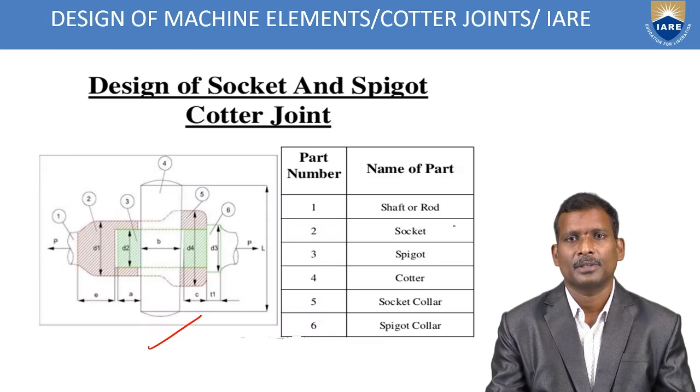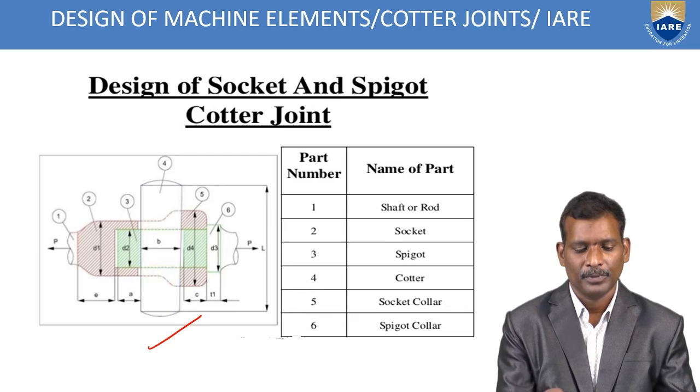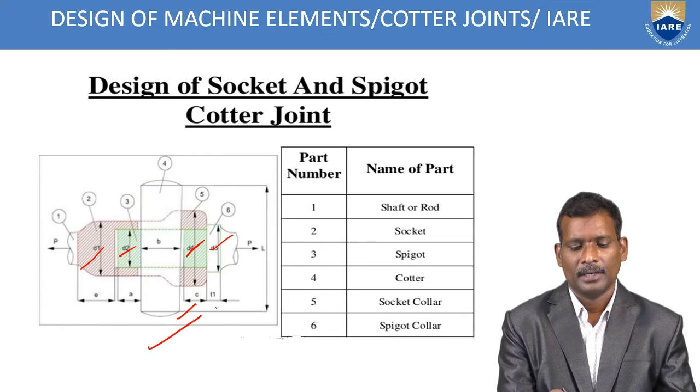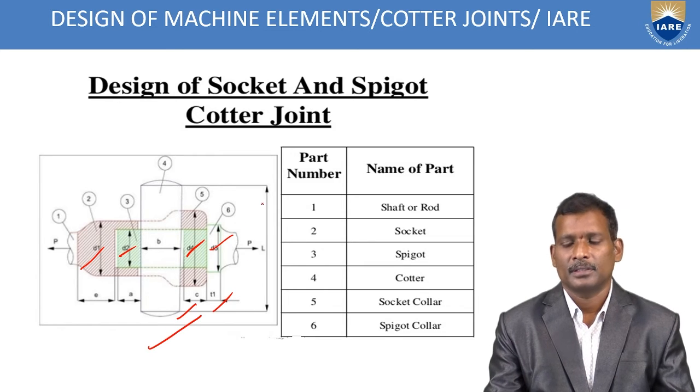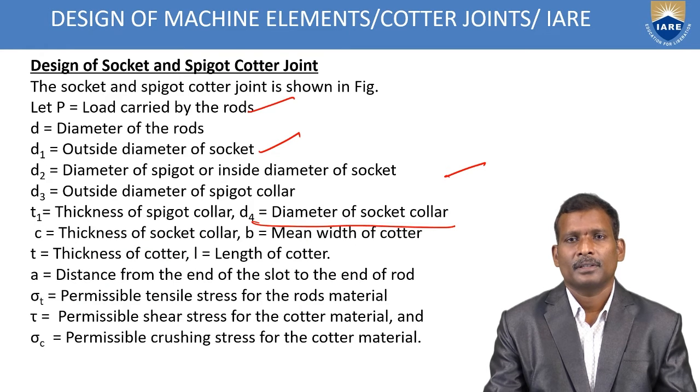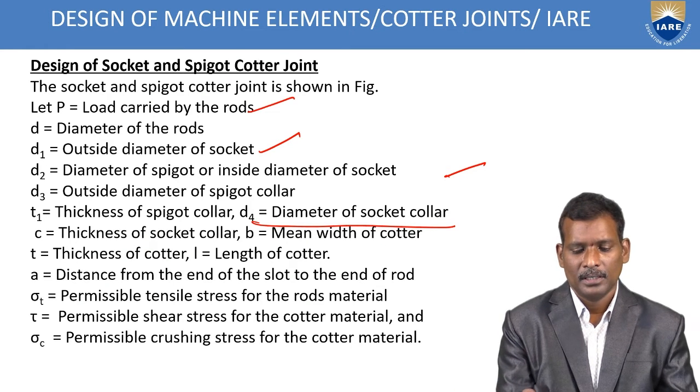All these dimensions are shown in this slide diagram. And C is the thickness of the socket collar, and B is the mean width of the Cotter.